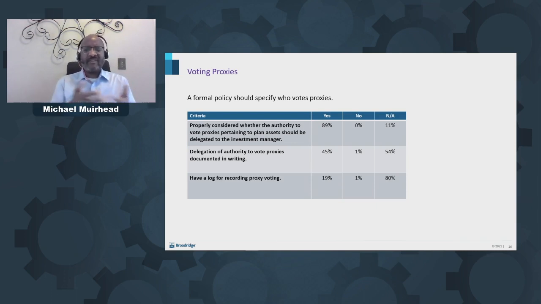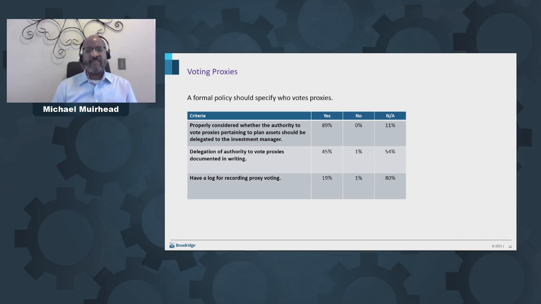The really interesting thing here, though, is that conversation being translated into a formal policy that is written and documented is less than half, at 45%.